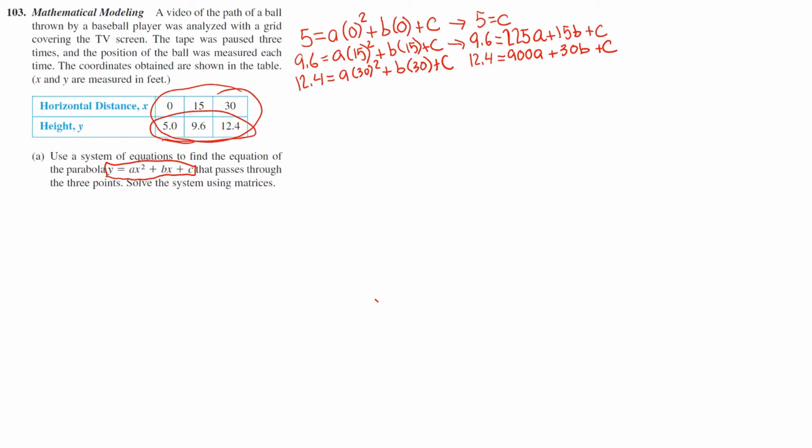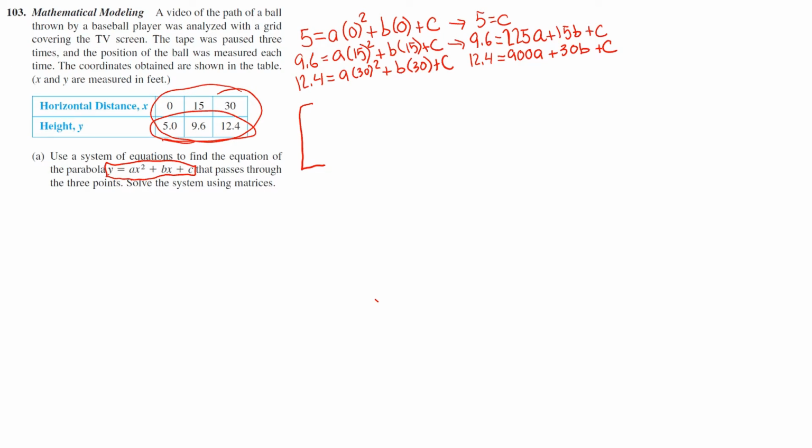Now to make this into a matrix, we're going to use an augmented matrix. A, B, and C will be on the left side, and then the y value, the solution, will be on the right side. So in the first equation, we don't have any A's, we don't have any B's, we have one C, and that was equal to 5.